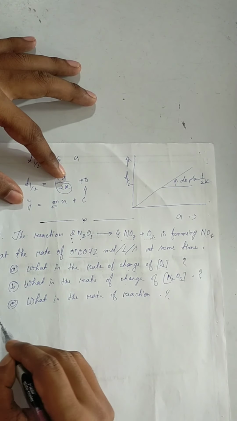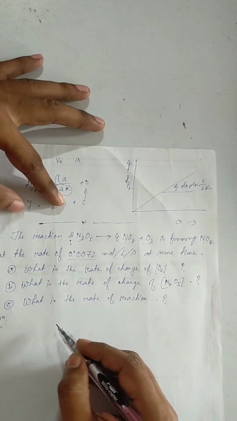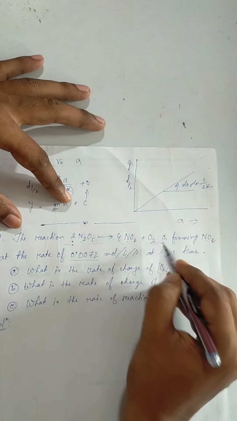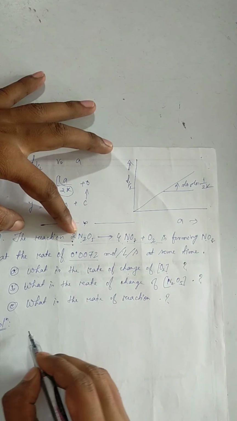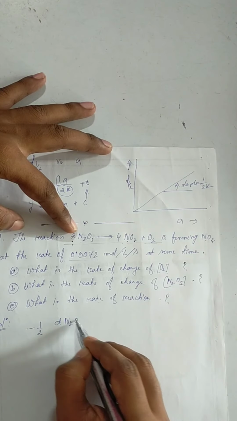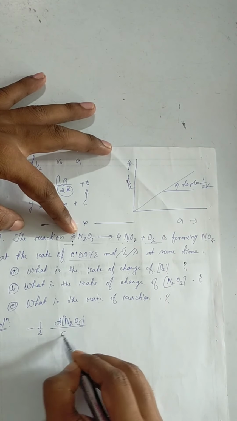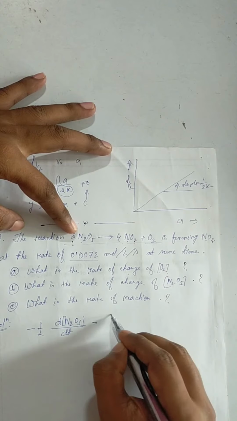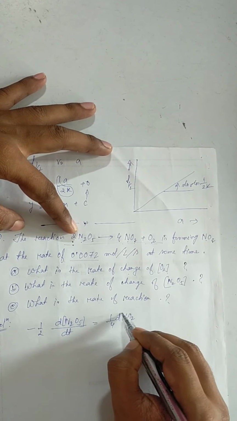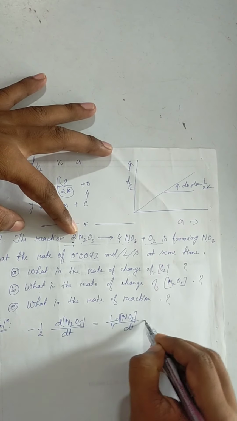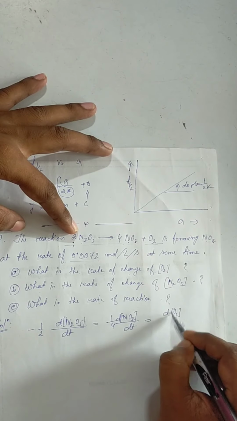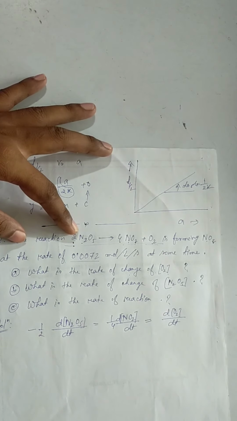So first of all, we have to write the rate law expression of this reaction. As this is the reactant, we can write 1 by 4 d[NO2]/dt is equal to the rate of the others.